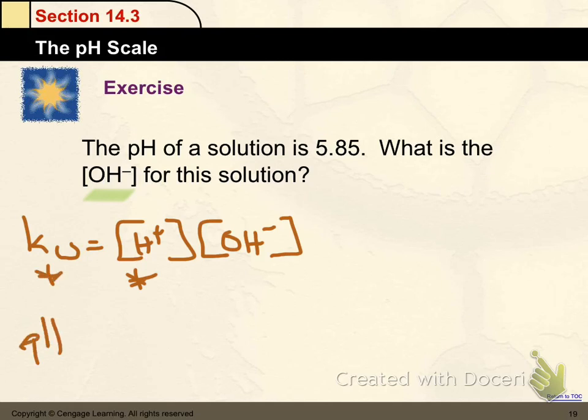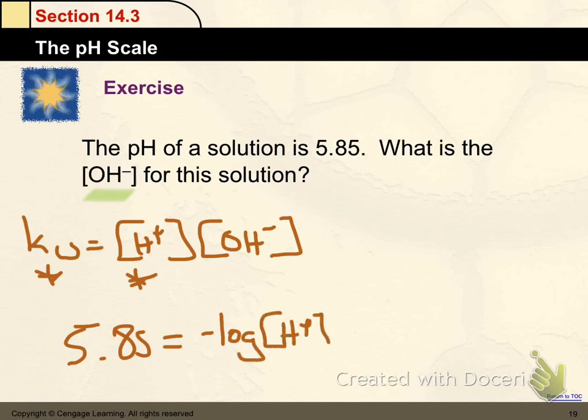All right, so pH equals the negative log of, let me rewind that back, because I know my pH. So 5.85 equals the negative log of H plus. Again, 10 to the negative 5.85. That's going to equal what we had seen the last time. Forget what that was.